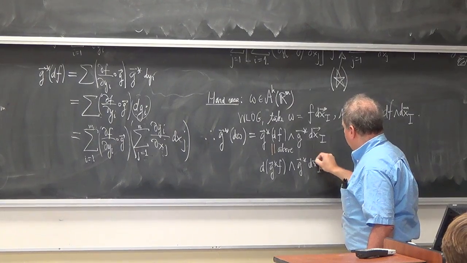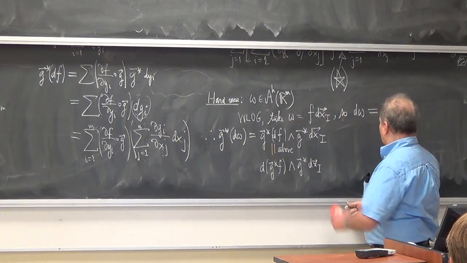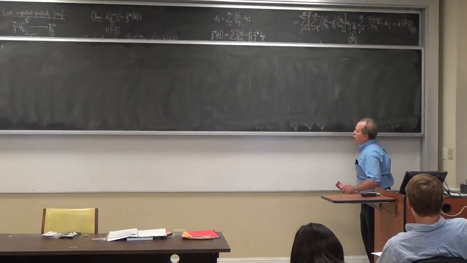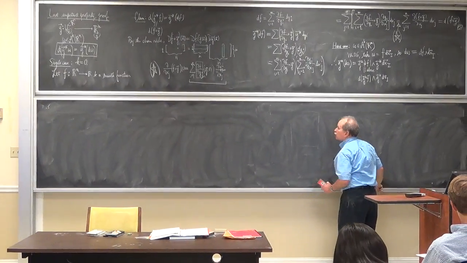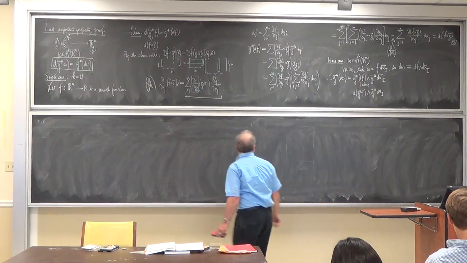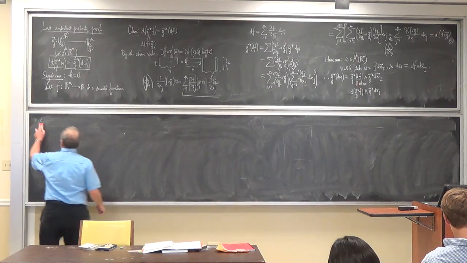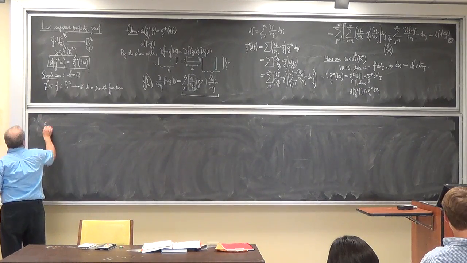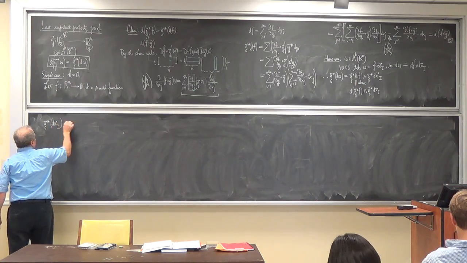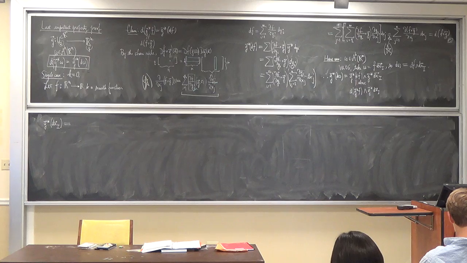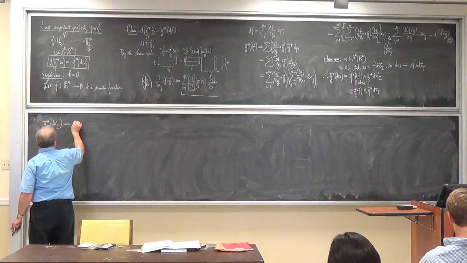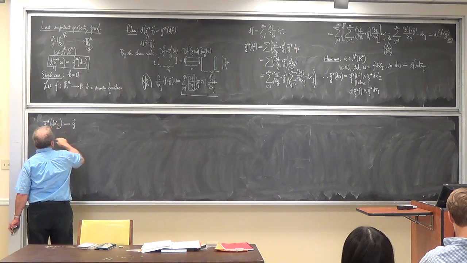Now here we have to stop and think. What is the pullback of dx sub capital I? It's the pullback of a bunch of things wedged together, so it'll be the wedge of all of them. Daniel's saying, let's actually think about what this means.